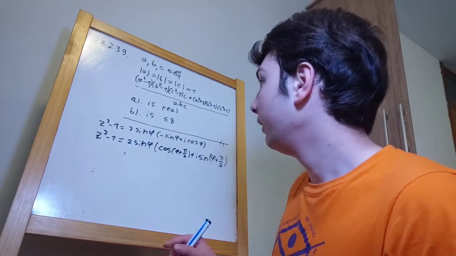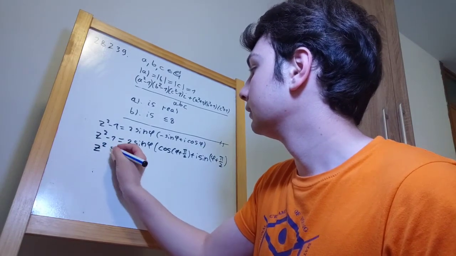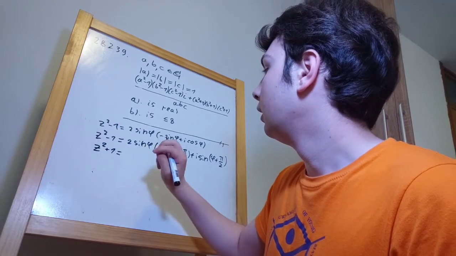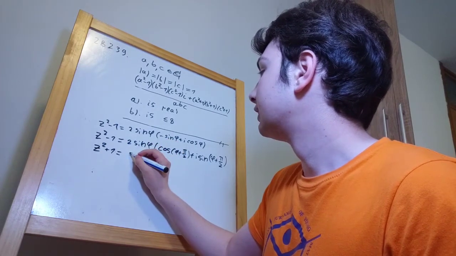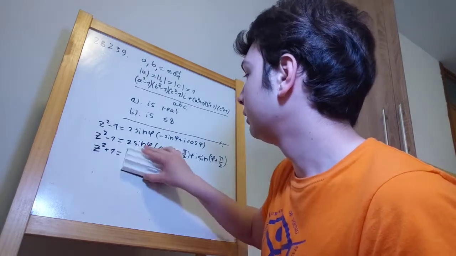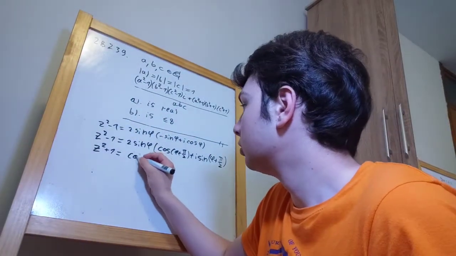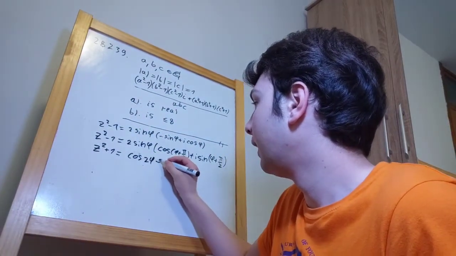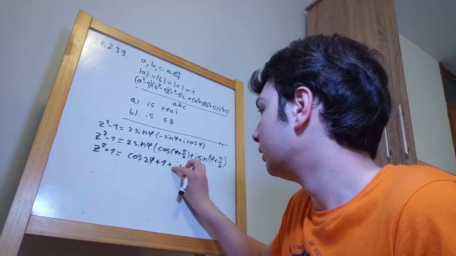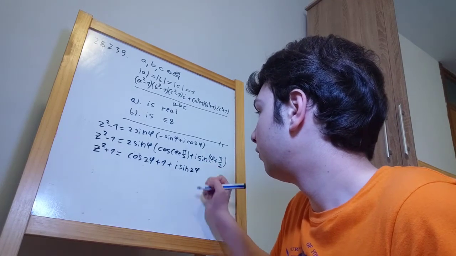Next up, we have z squared plus 1. So we get cosine of 2 phi plus 1 plus I sine of 2 phi.